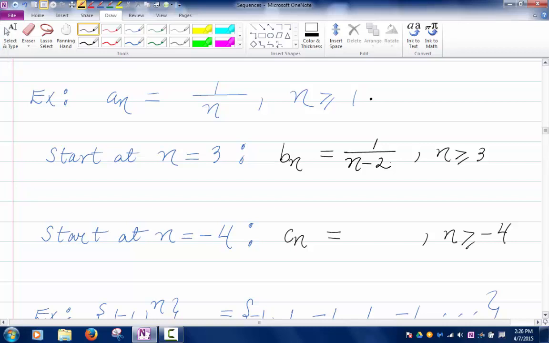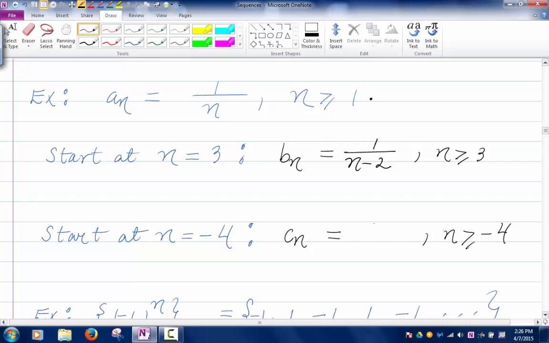Right? Next, let's say I want to start my index at negative 4. If I want to start at negative 4, but my given index is 1, that means I'm going backward. By how many indices? 1, and then 0, negative 1, negative 2, negative 3, negative 4. 5 indices backward, right?